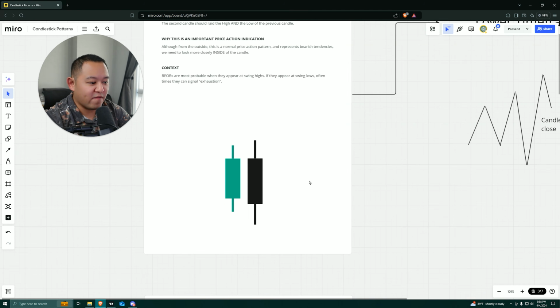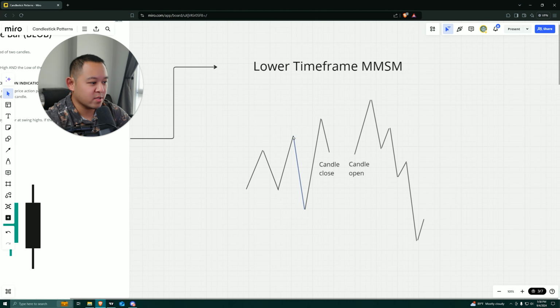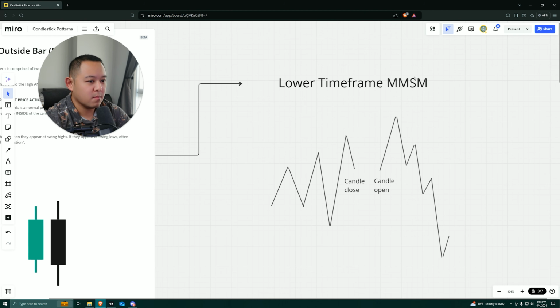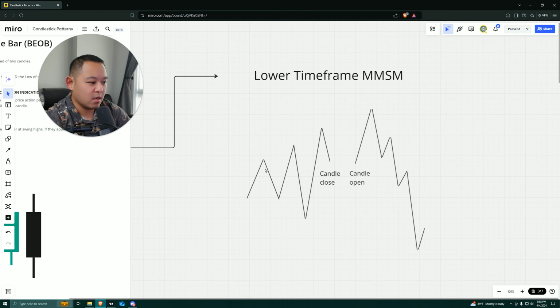So, just referencing these two candles, we're going to reference this over here. And what this two candlestick pattern represents is our lower time frame market maker sell model. So initially we have a candlestick that creates some type of range, all right? And it doesn't really matter where this candle closes, but the next candle takes out the previous candle's high, and then it breaks structure and then takes out the previous candle's low.